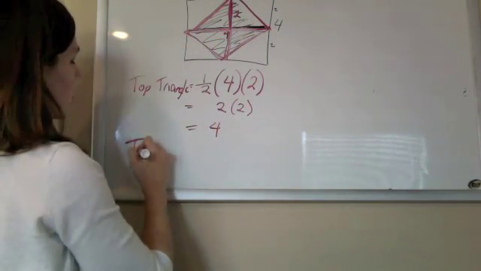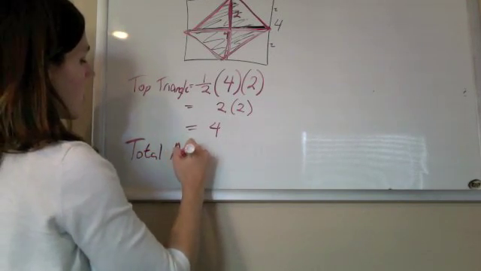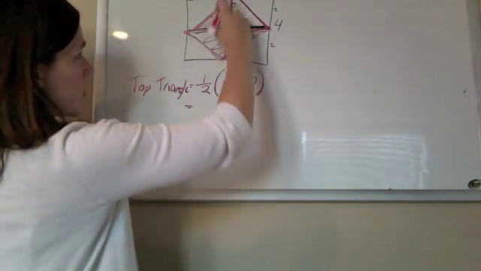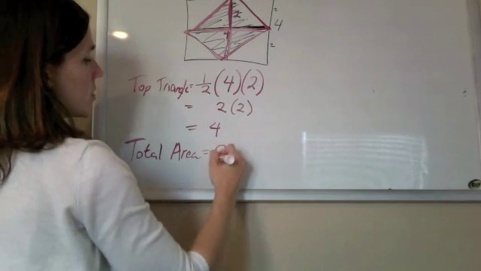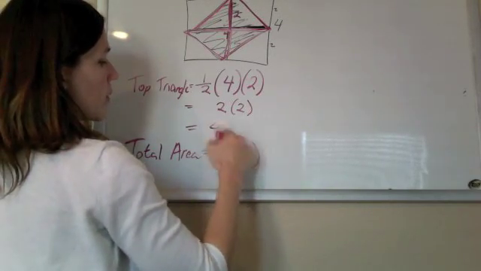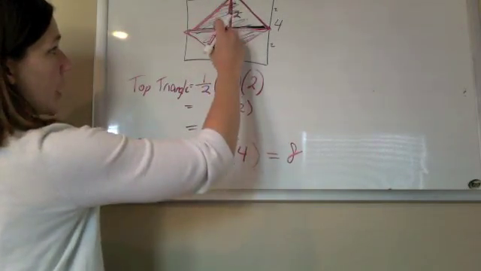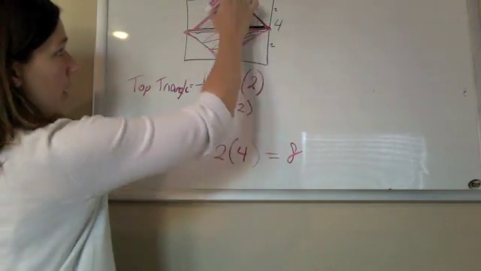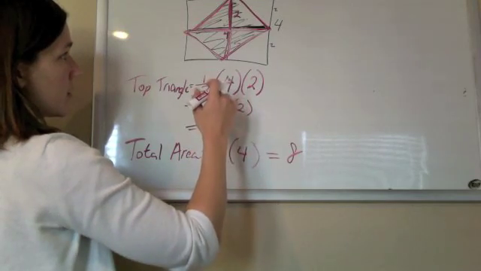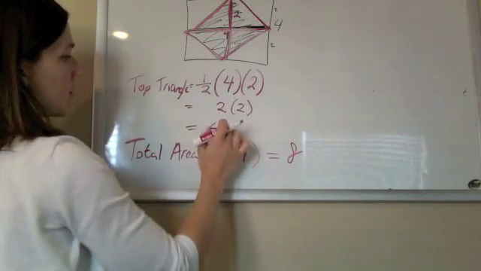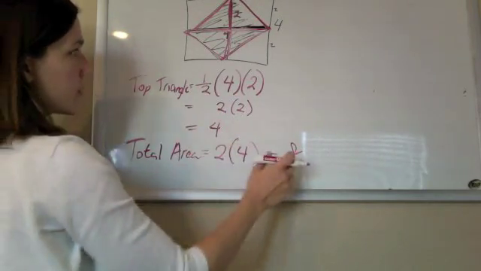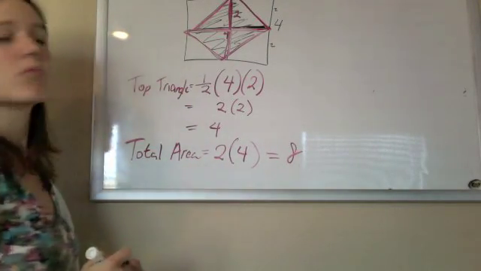So the total, we just have 2 of the same triangles. So 2 times 4 is 8. So 2 triangles, both with base 4, height 2. So the area of each of the triangles is 4, total area of 8. I like it.